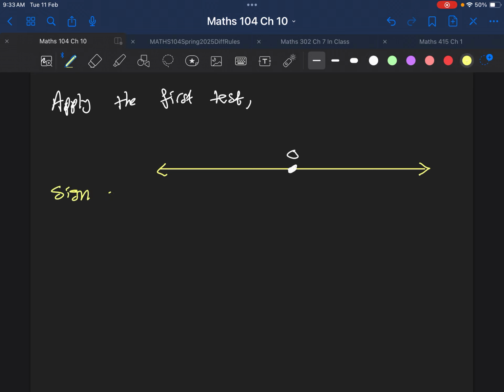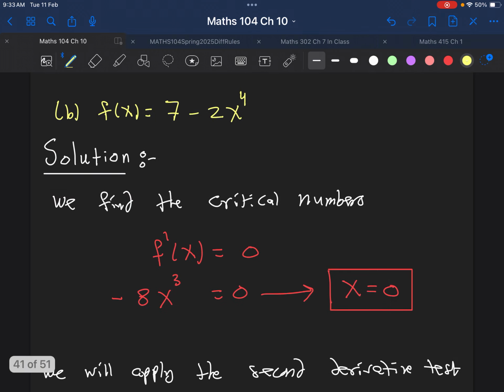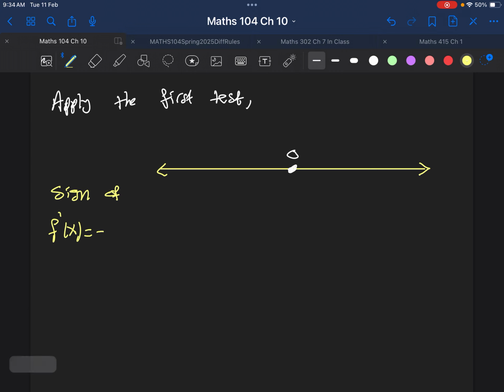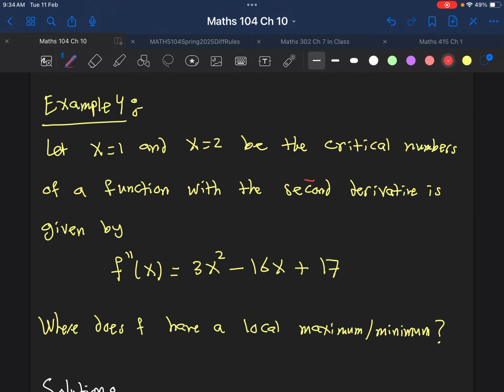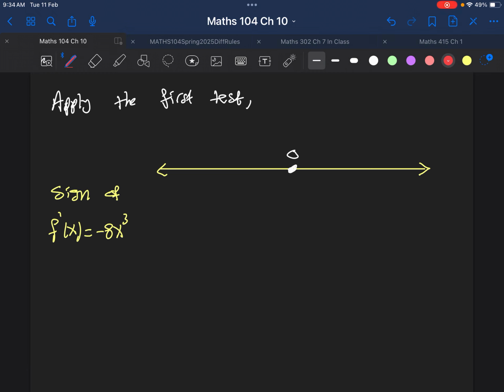And you have to tell me what is the sign of f prime of x. What is f prime of x? It was negative 8x cubed. How do I know if it is positive or negative? Take a test value here. Which one will be the test value? I will take 1, simple. Substitute 1 here and the answer will be negative. So all this area will go to be negative.